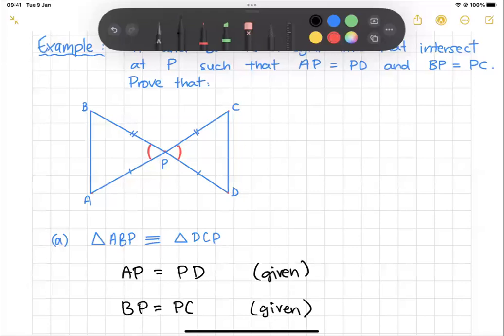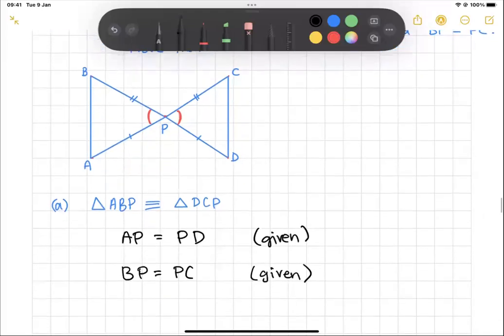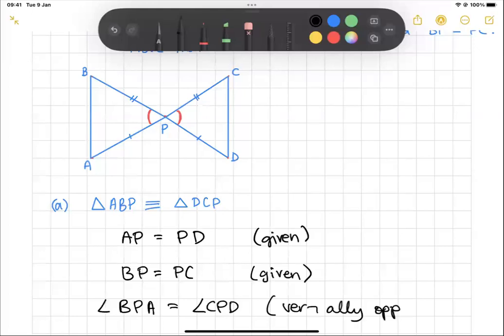So right underneath, I'm going to write down angle BPA should equal angle CPD. My reasoning is vertically opposite angles.